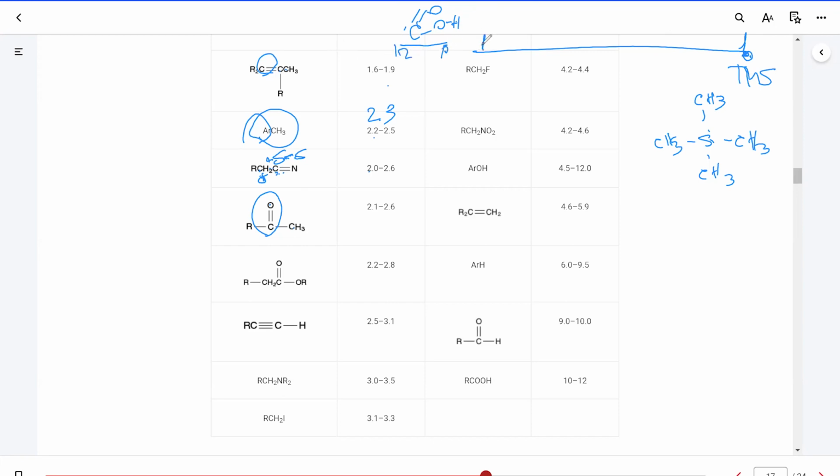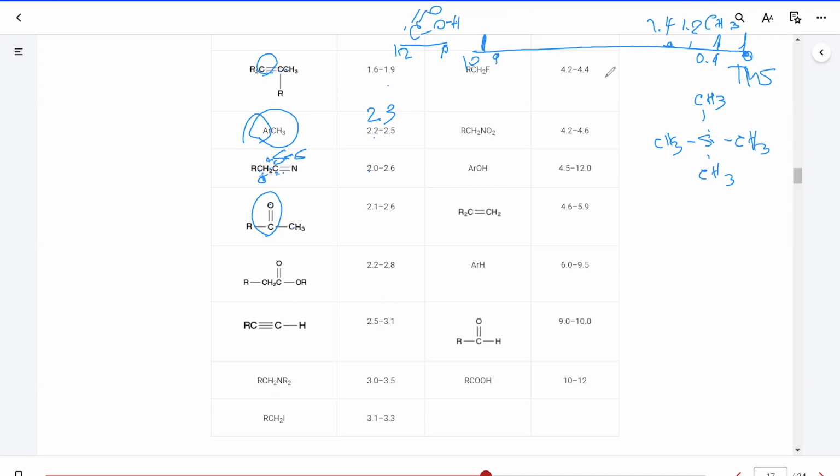For aldehyde, it is going to be between 9 and 10. So an electron withdrawing group is going to increase that number compared to the TMS. So when we said CH3 appears at 0.9, and then for CH2, 1.2, for CH it is going to be 1.4. Those are electrons being pulled away from the hydrogen, which is being de-shielded.